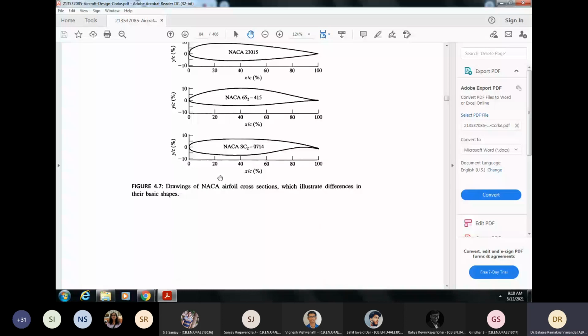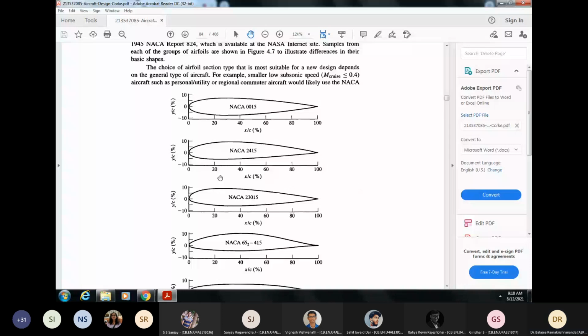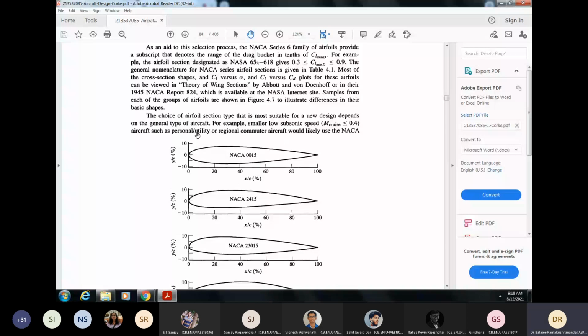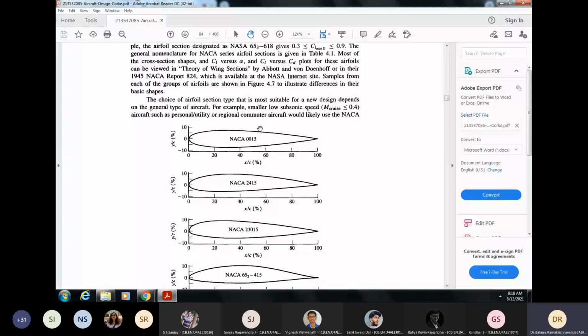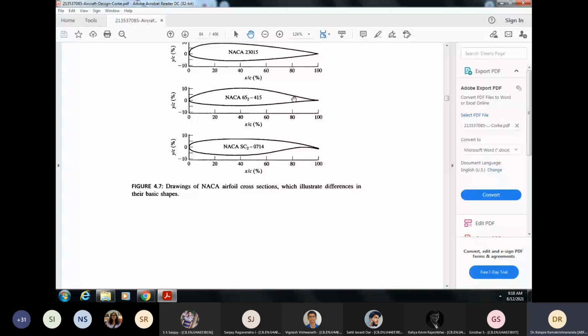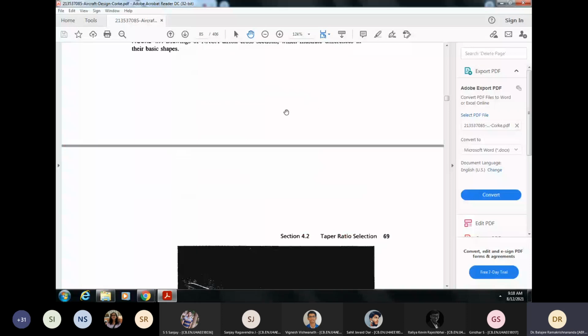You can design this 6 series very nicely for a particular Mach number, but if you deviate even slightly, the advantage will be lost, and it becomes worse than other airfoils. So they were not really very successful for lower Mach numbers. But finally, when people started researching transonic Mach numbers, they found that this gave a good initial design.